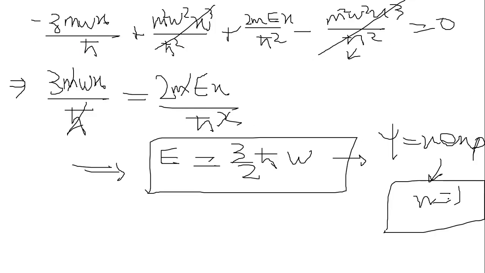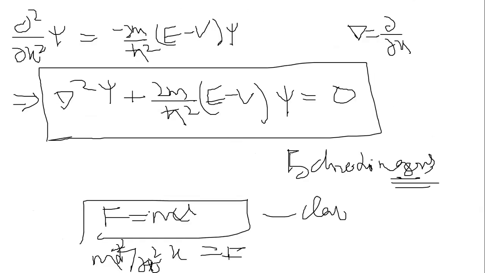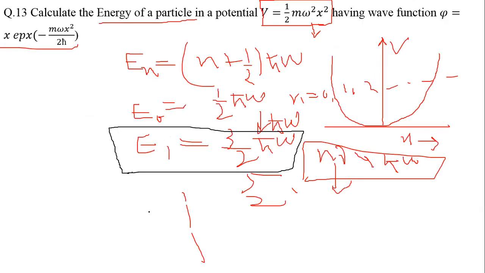So generally H0(x) is 1, but for H1(x) it is x. So this x into the exponential term is coming from n equal to 1. So when we put n equal to 1 in the eigenvalue relation, then also we get 3 by 2 h cross omega.